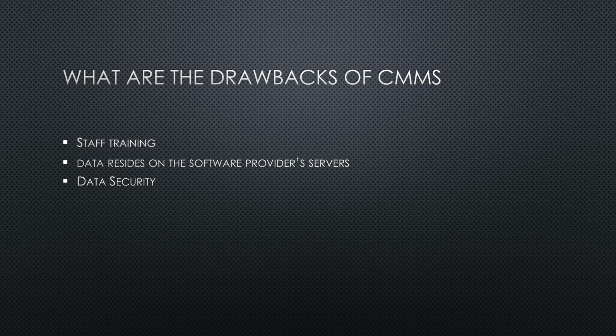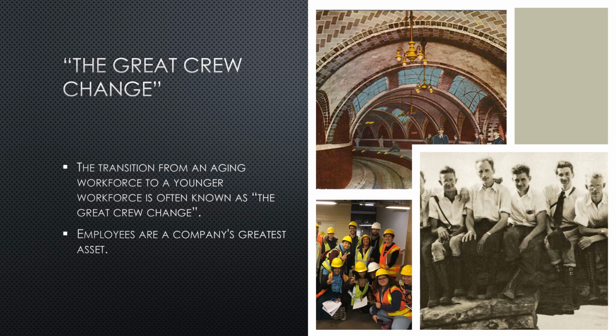In recent years, there's this idea called the Great Crew Change. Basically, this is a transition from an older, aging workforce to a younger workforce. So a lot of the infrastructure, city infrastructure, public transportation, subways, light rail systems, and the oil industry are adapting this idea quite quickly.